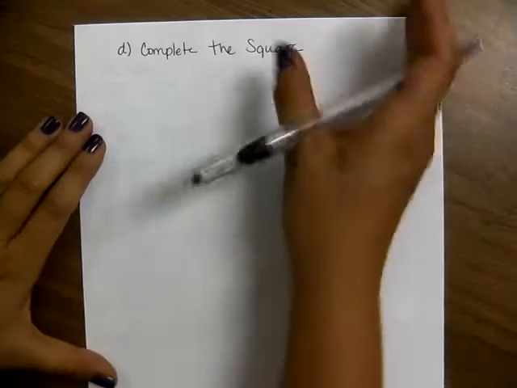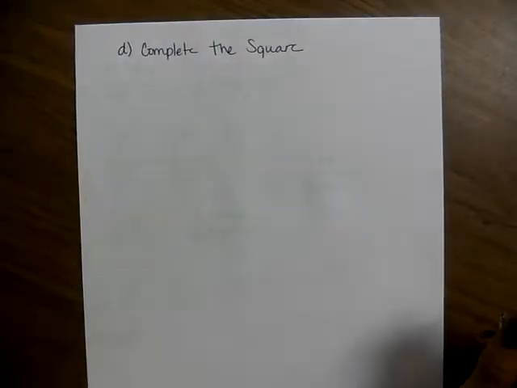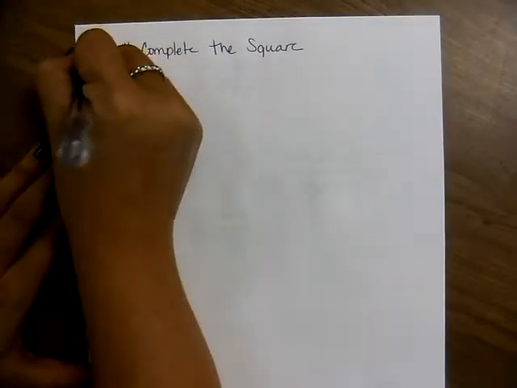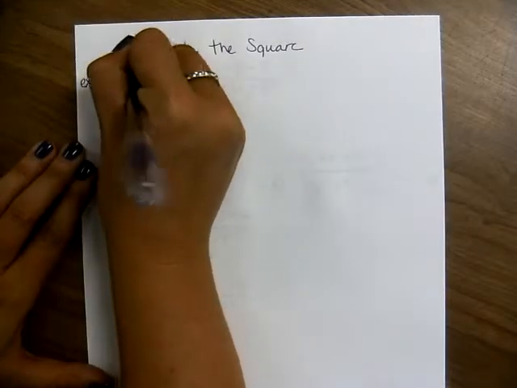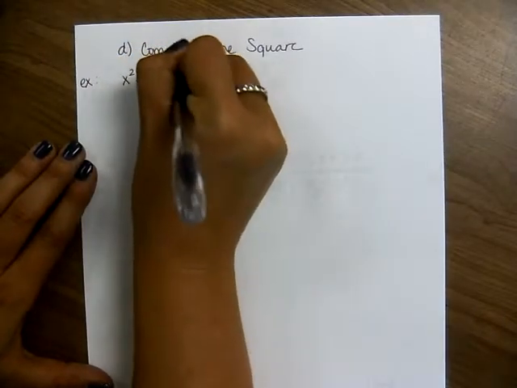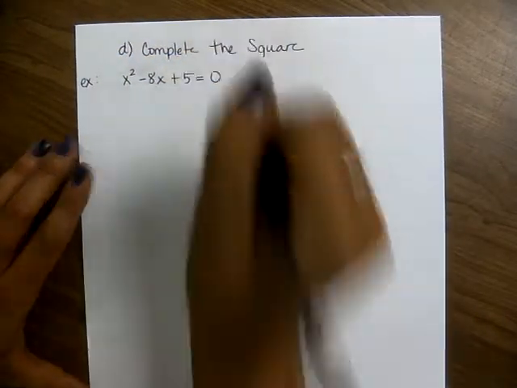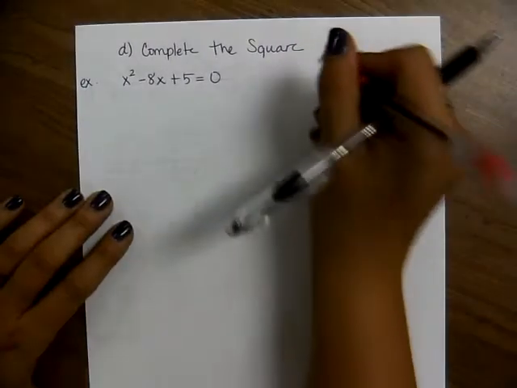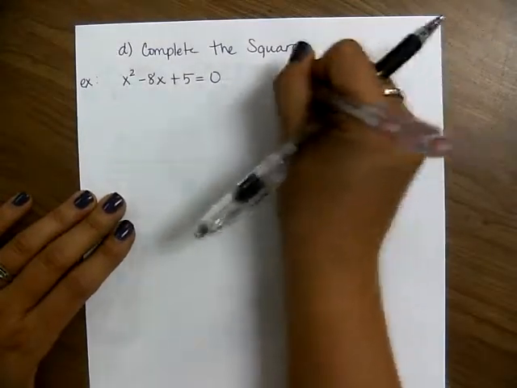Now, I am going to make a lot of steps over here on the side in order to follow along. So if you want to do that, feel free. So here's our first example to complete the square. We have x squared minus 8x plus 5 equals 0. Okay, so we're going to make some steps over here.